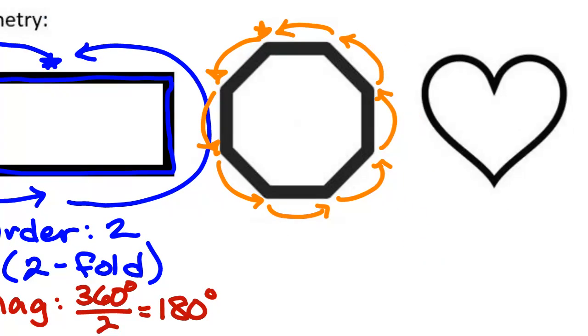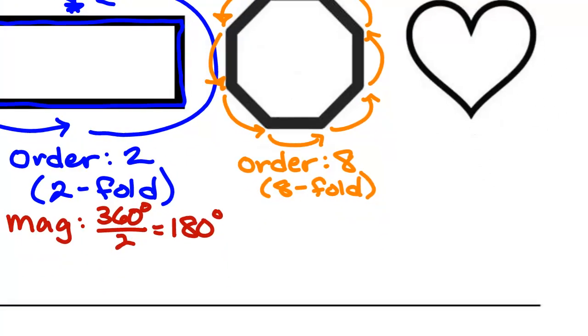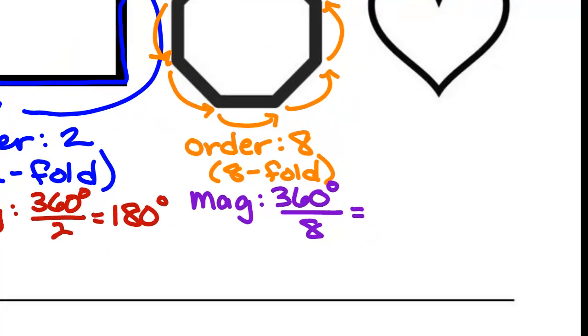So order is 8, or 8-fold. And then the magnitude, we do 360 divided by 8. What is 360 divided by 8? 45. So the magnitude is 45 degrees.